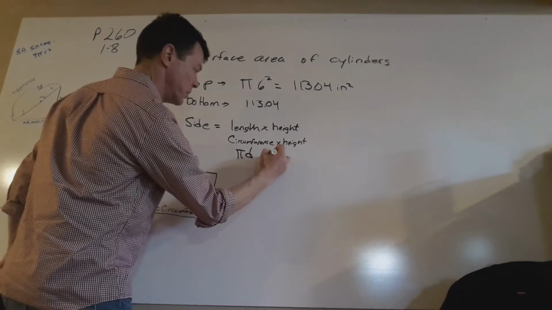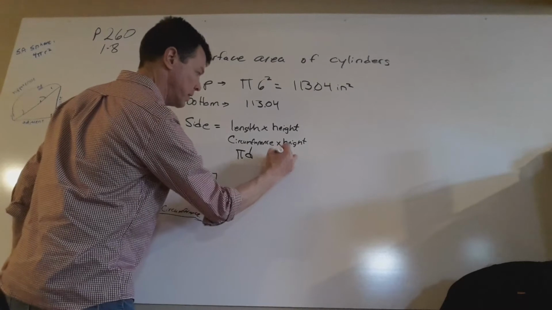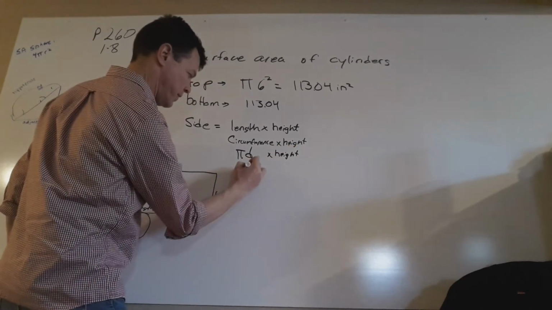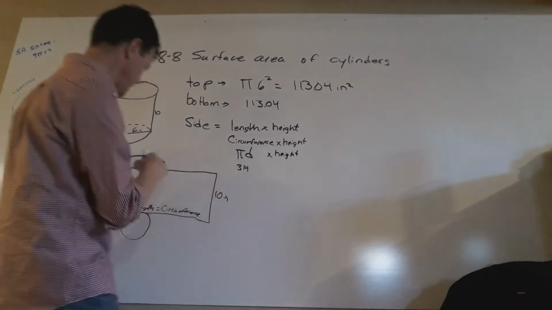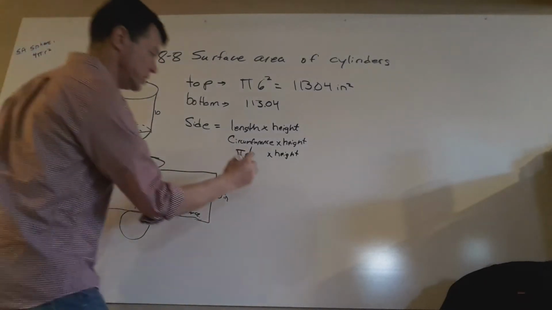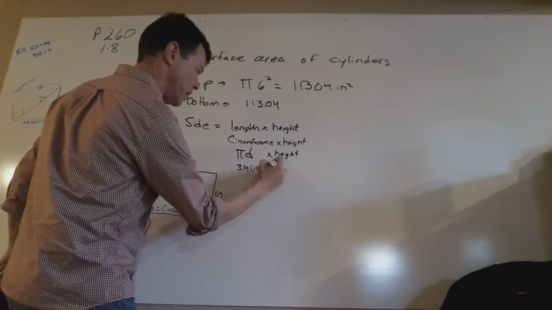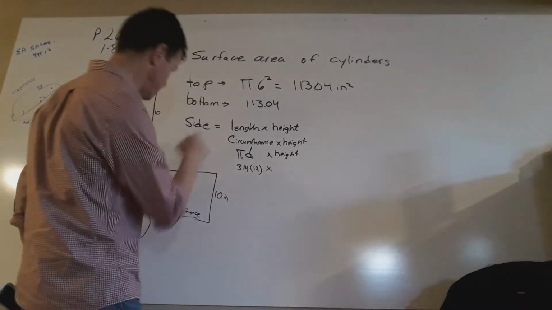Then we multiply that by our height. So 3.14 is pi. The radius is 6 inches, so the diameter is 12. And then times our height, 10.